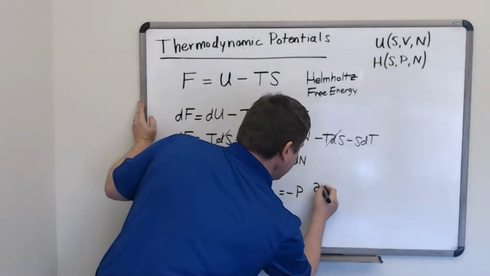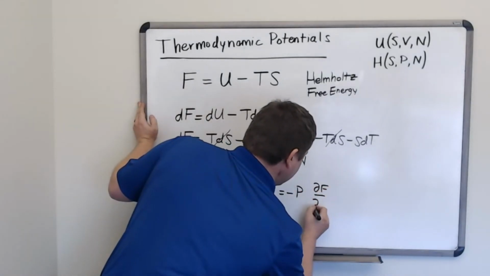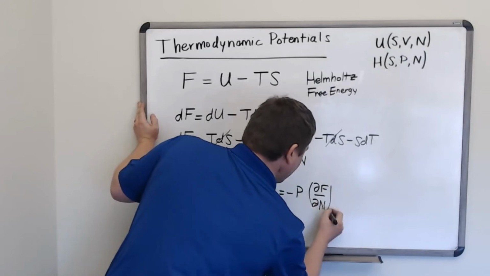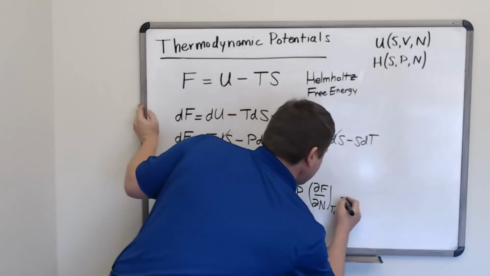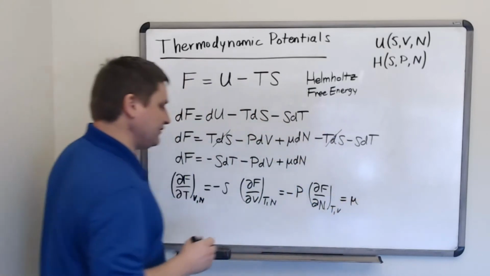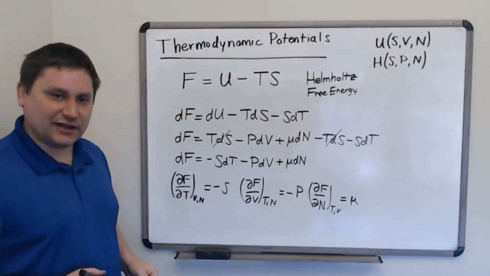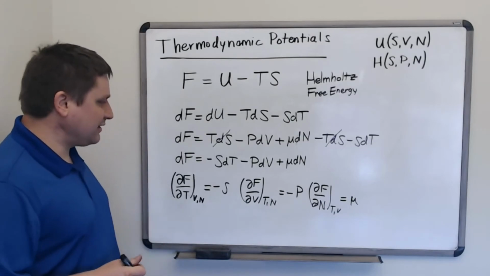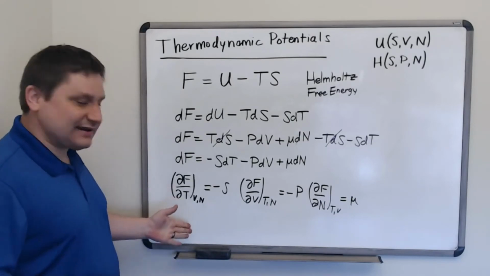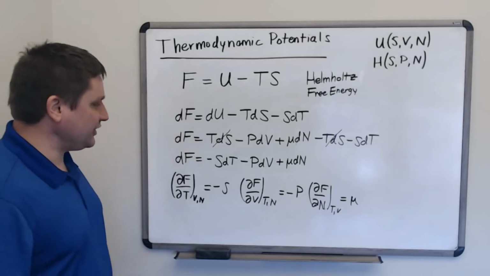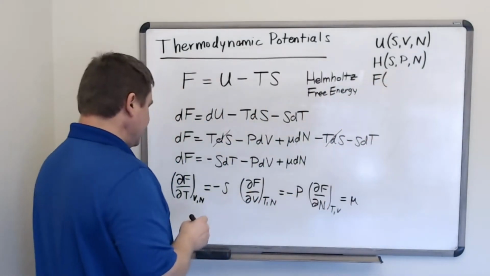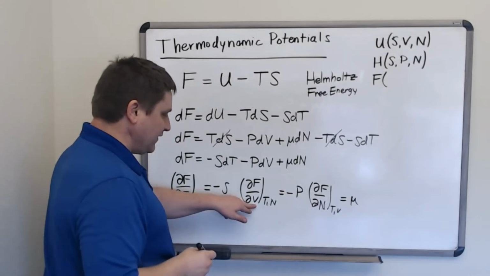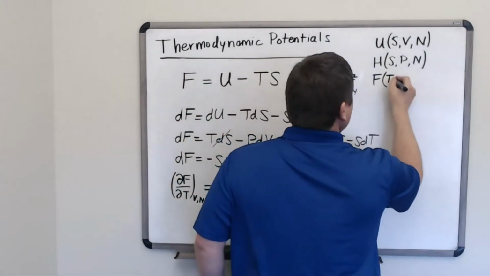And dF/dN, while holding temperature and volume constant, will give us the chemical potential. So those three derivative relationships are, again, particularly simple, and they indicate that the Helmholtz free energy is most naturally expressed in terms of temperature, volume, and particle number.